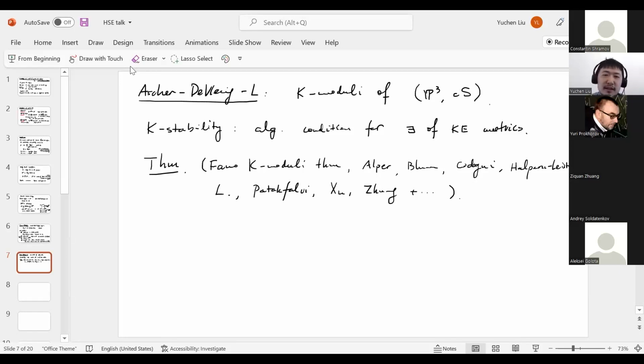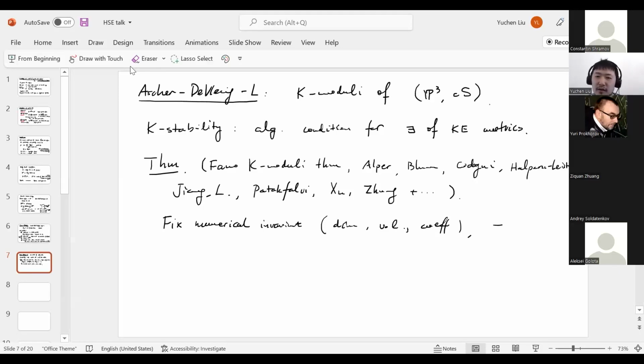Okay. So what this theorem says is just, if we fix some numerical invariants such as dimension, volume, and maybe coefficients. Oh, sorry, I forgot Chen Jiang. Yeah, my bad.